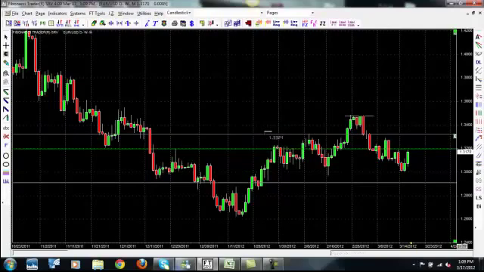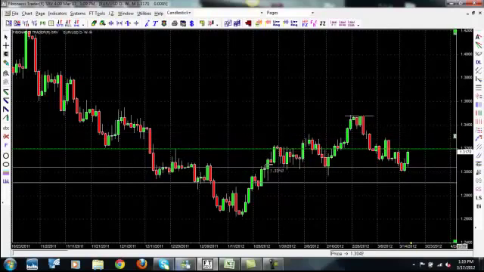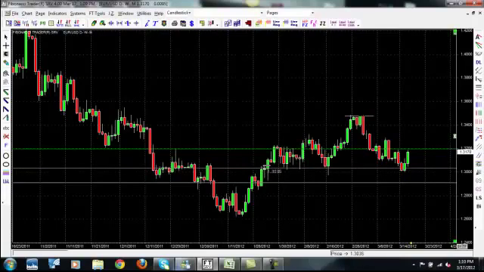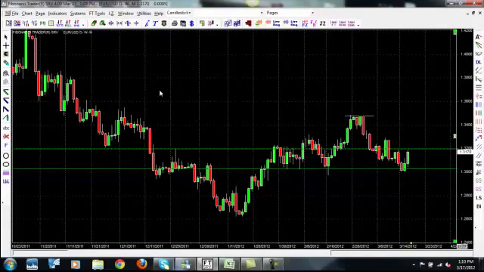So 32, because actually, let me come down here, draw some. See, the support line here is really close to about right there. All right. So let's delete this out. And what I'm looking at here is let's talk about our buy position first.